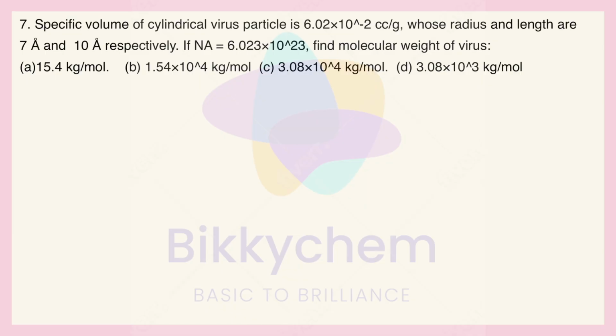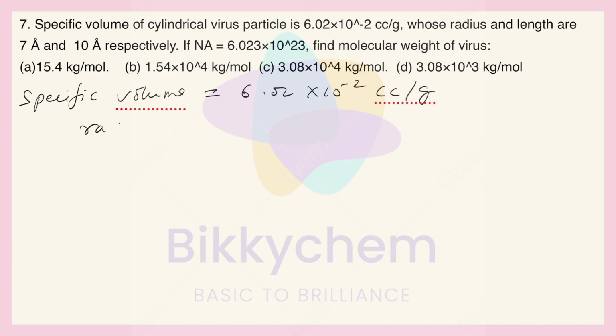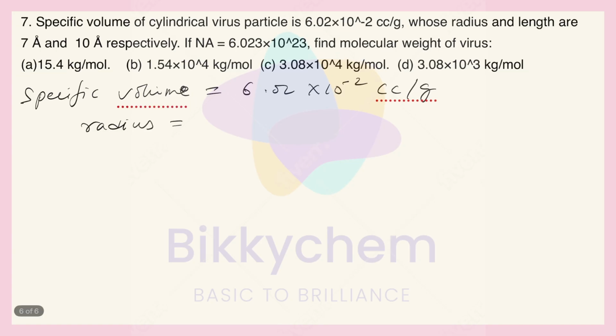Okay, here comes the next question. It seems to be a very tricky question, but it's very simple. Let me explain. We know that the specific volume is given as 6.02 × 10^-2 cc per gram. The radius is given as 7 Angstrom.